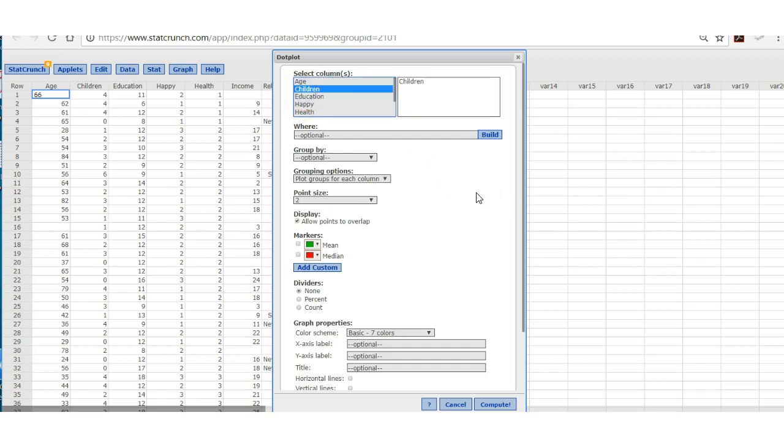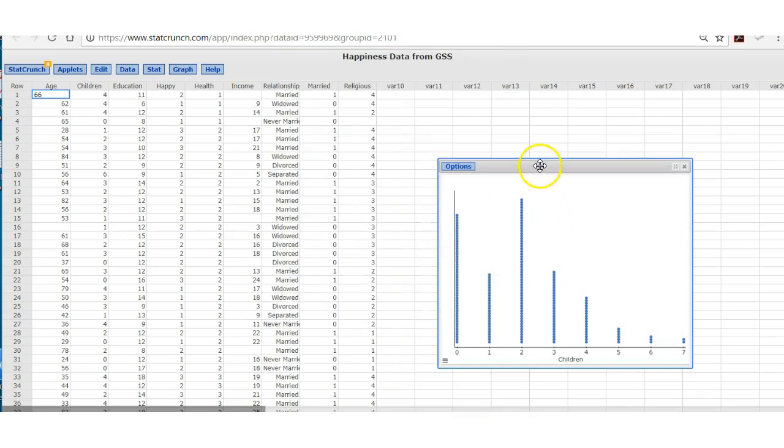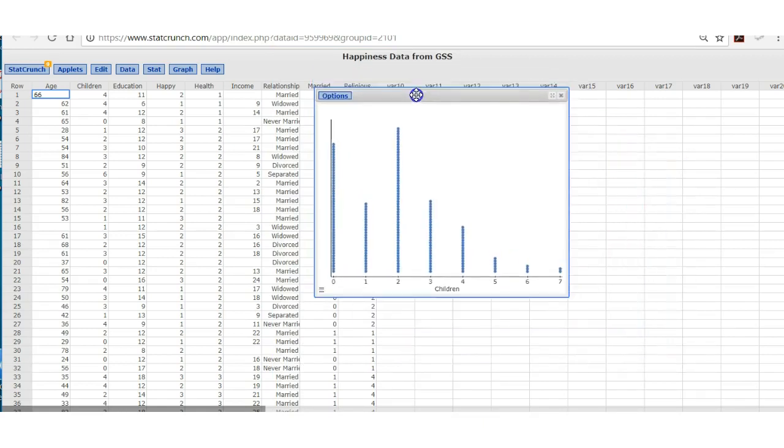For children, we only had 8 different responses. We had some discrete values. So the dot plot for this is going to come out pretty well. And what this is doing is it's doing 1 dot here for every respondent that answered that they had 2 children. This looks a little bit like a bar graph because we have just these different bars for each of our different values.